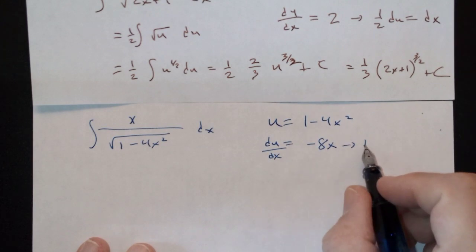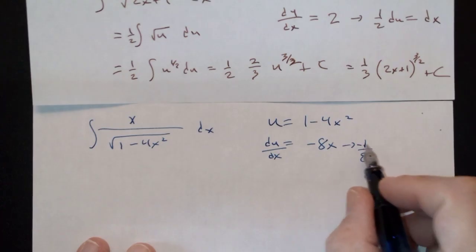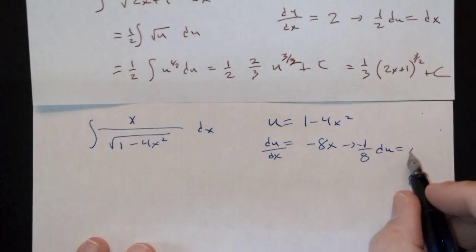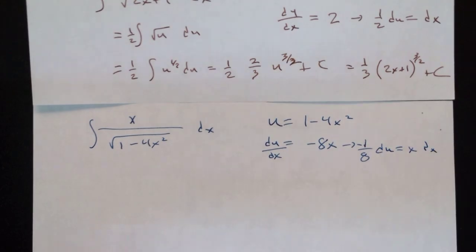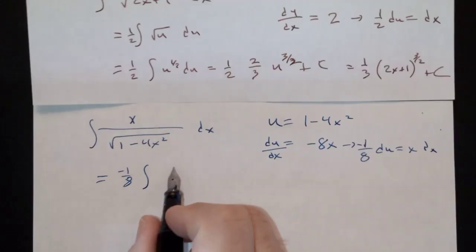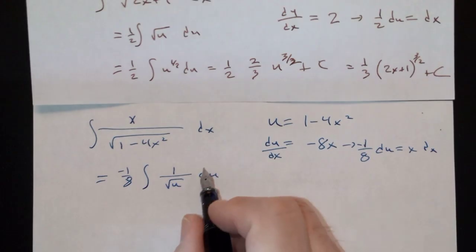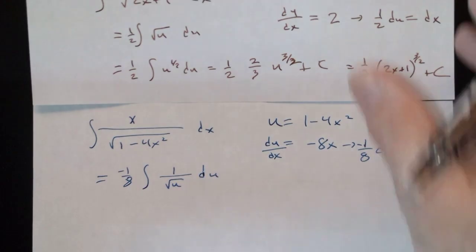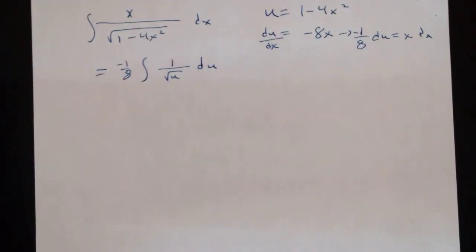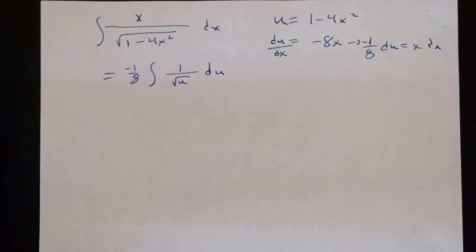So I'll rewrite negative 1/8 du is x dx. Finish this out.